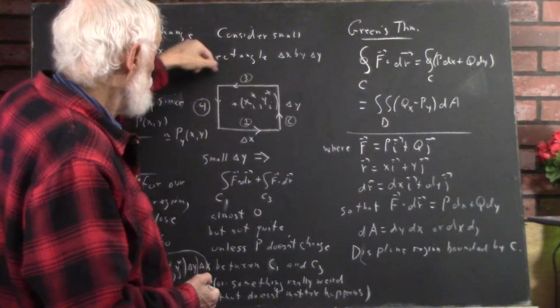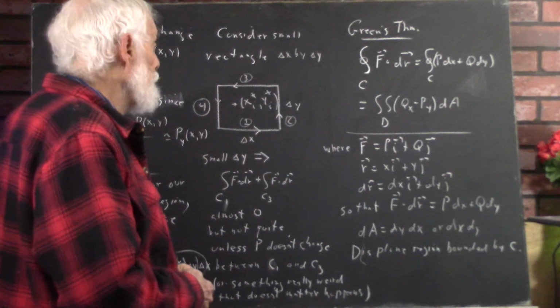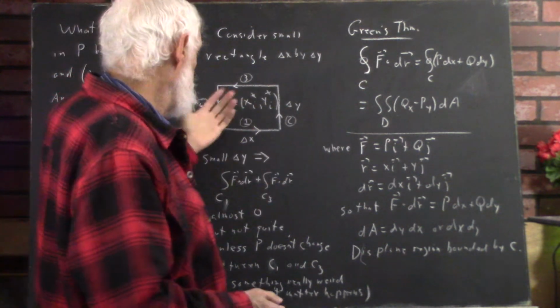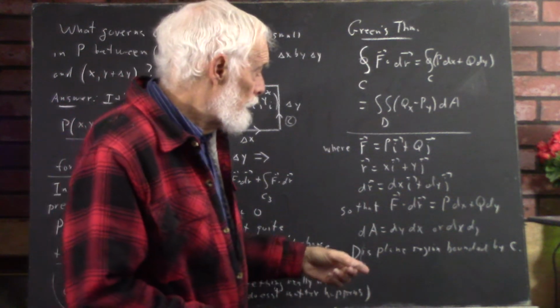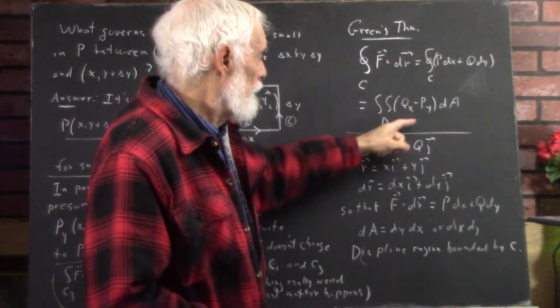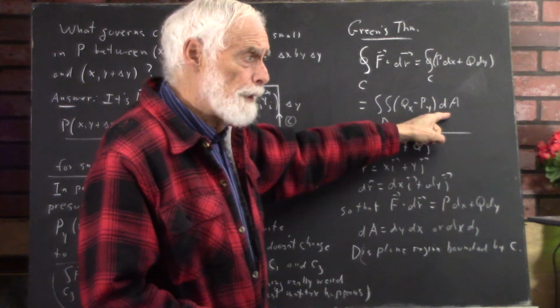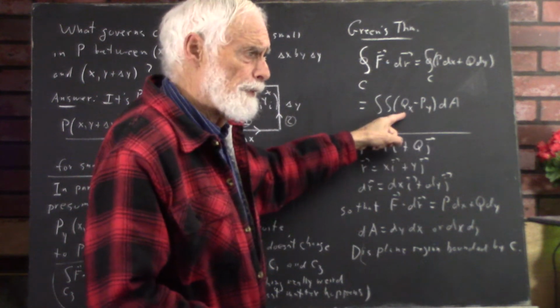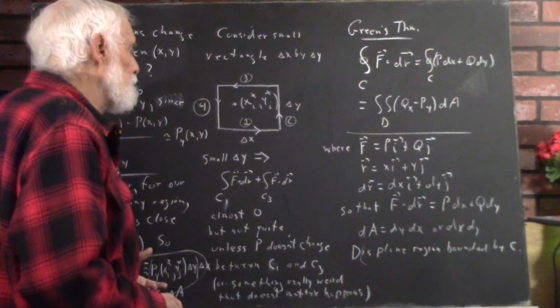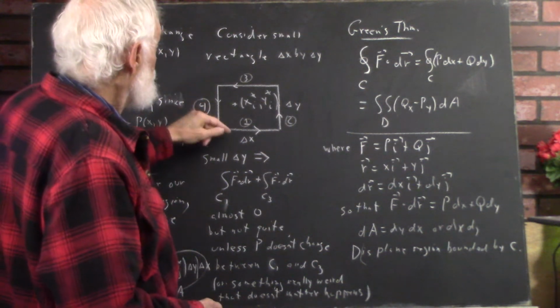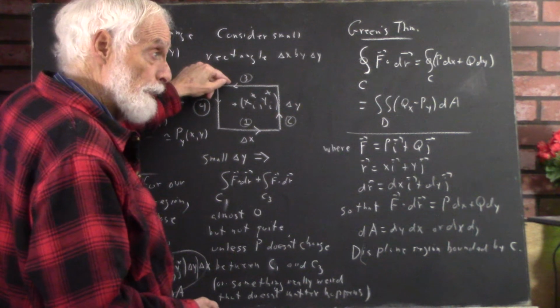Now the paths are obviously in opposite directions, so you might wonder, well, if we do a completely analogous argument, intuitively we would expect that we'd have something very much like the negative P y dA. So why is it positive? Okay, well, the why is because here we went from this path to this path.